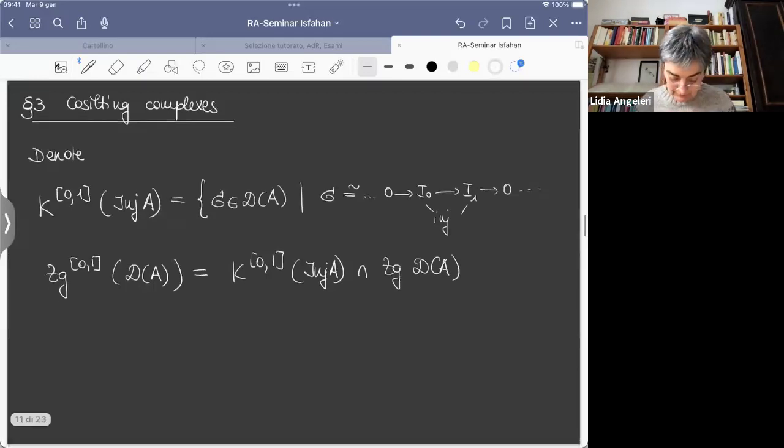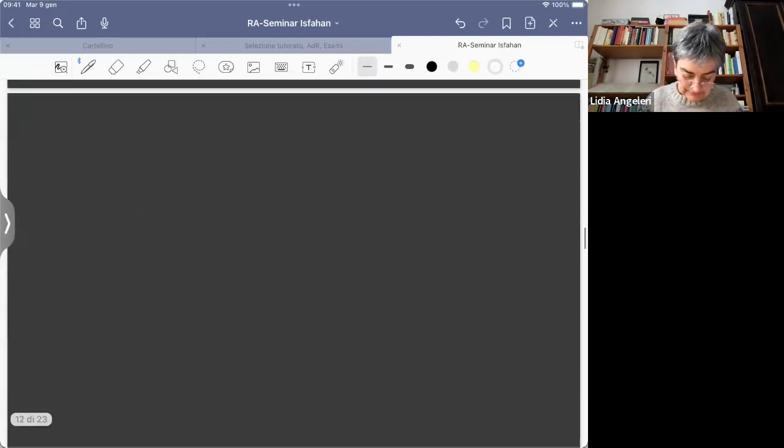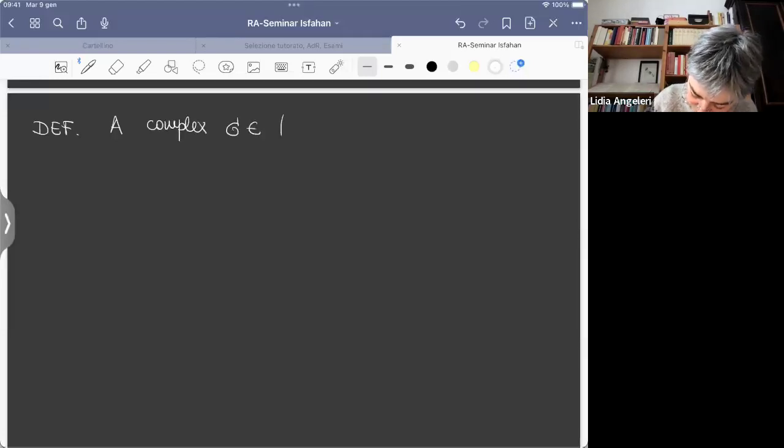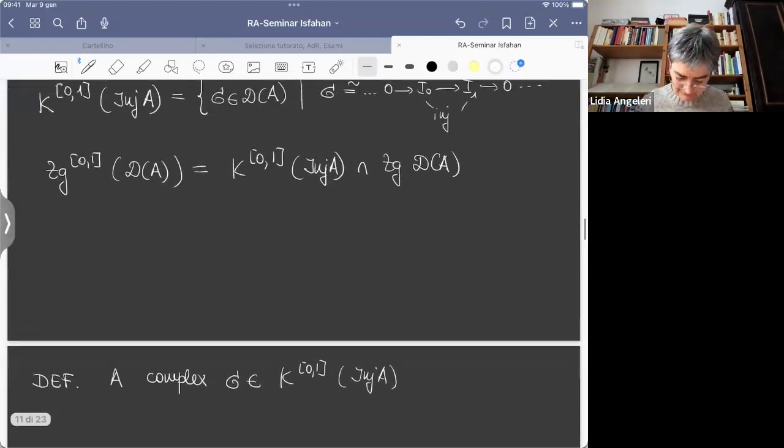Okay, and now we say that a complex sigma in this K01, in J, sorry, I hope I have written J here. Yeah.